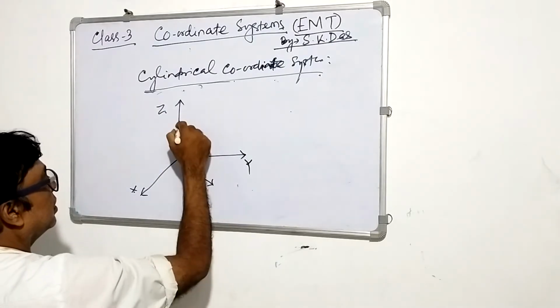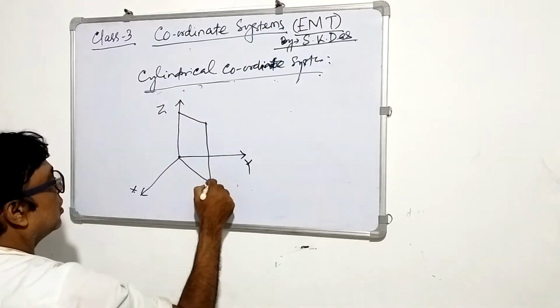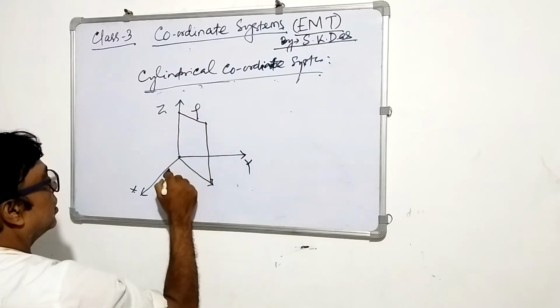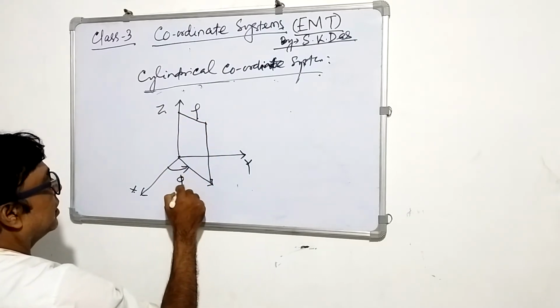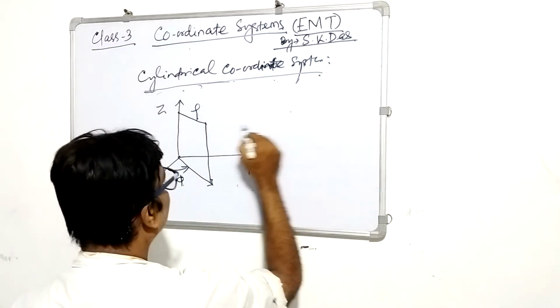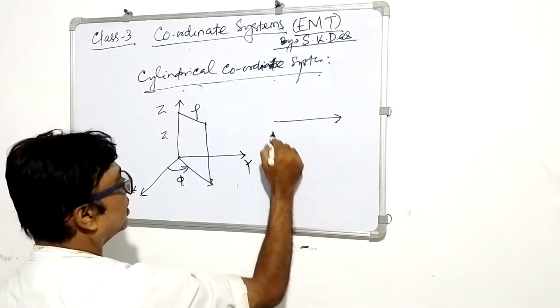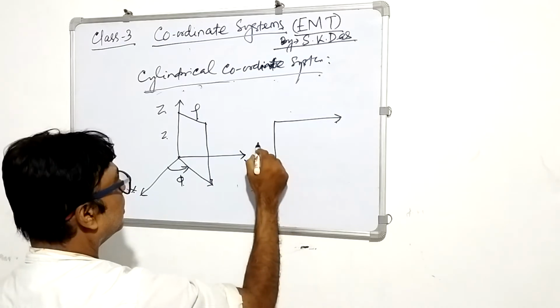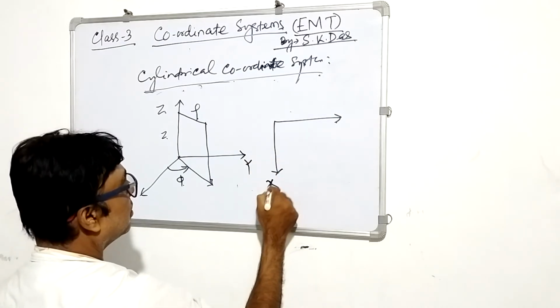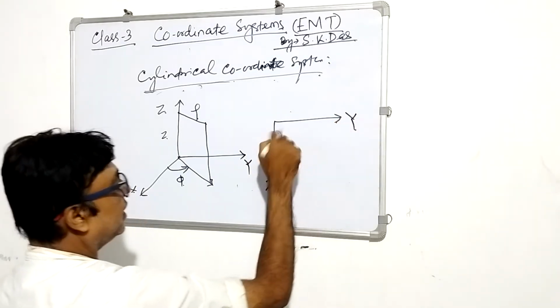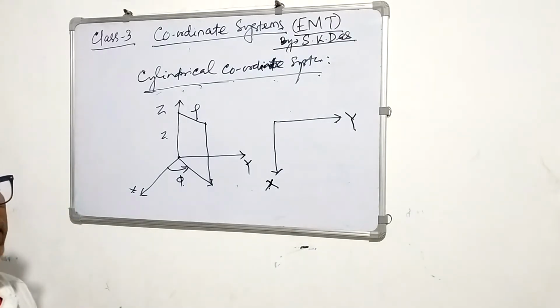This one is rho, and this angle is phi. Now if we resolve this, this is the x, y.